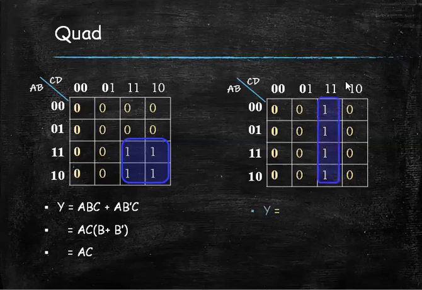Y is equal to, when we take these two pairs, A bar CD and another pair ACD, then CD taken commonly outside, we get CD. Or we can say that when we move vertically downward, this 1 1 remains the same, that is CD remains the same, then the result is CD.